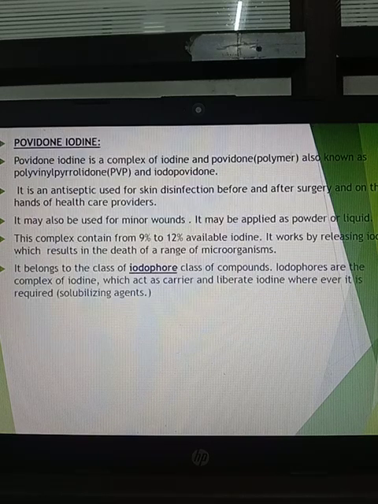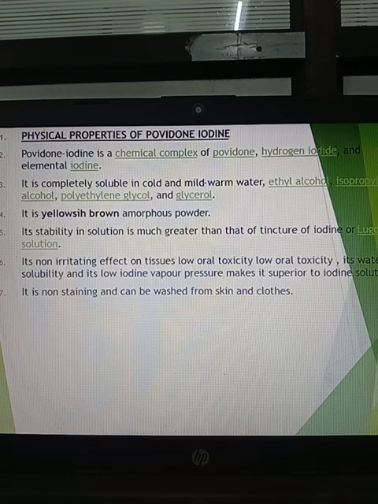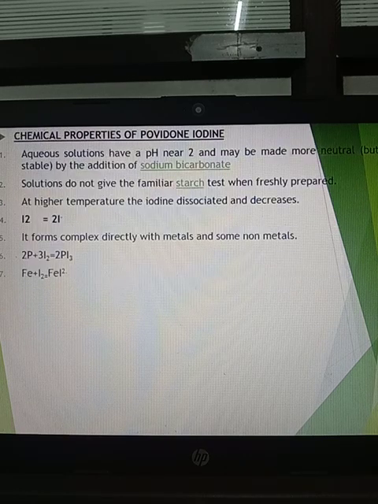It is soluble in cold and mild water, and it has oral toxicity. That's why it should not be taken orally, and it should not come in contact with the skin and clothes because it has a staining action.